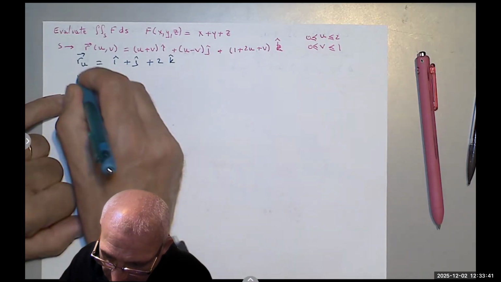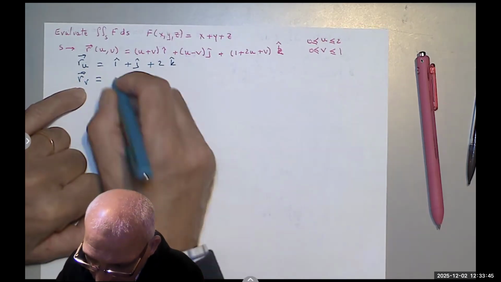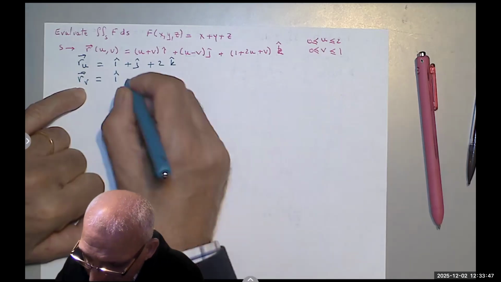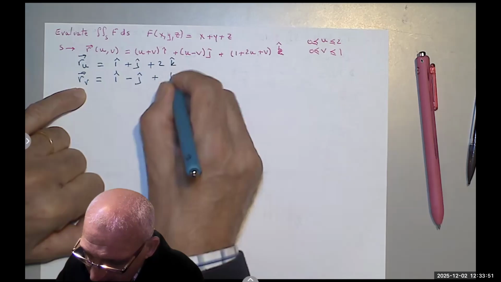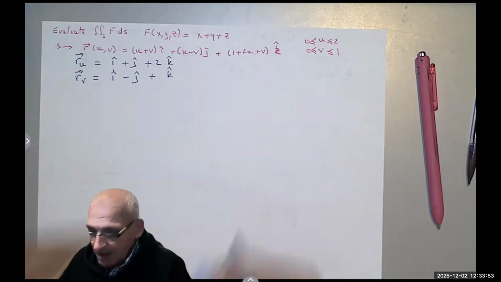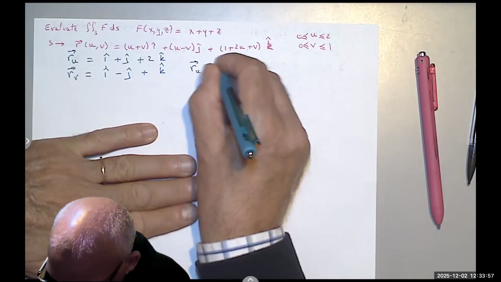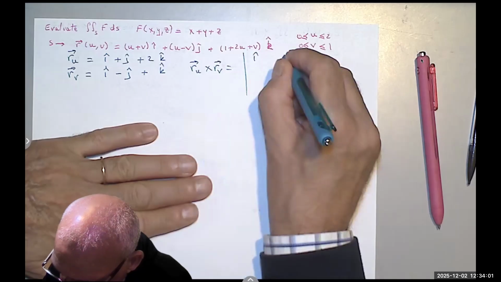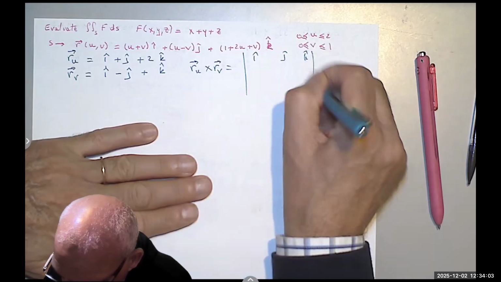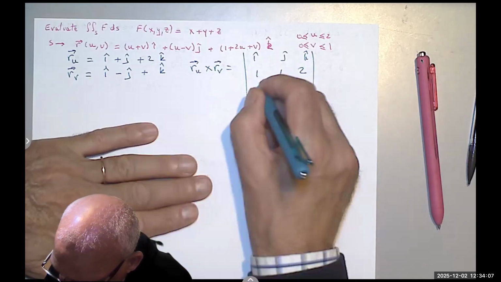And when I take the partial derivative with respect to v, I also get minus v plus k. So now the Ru cross Rv would give me i, j, k, 1, 1, 2, 1, negative 1, 1.